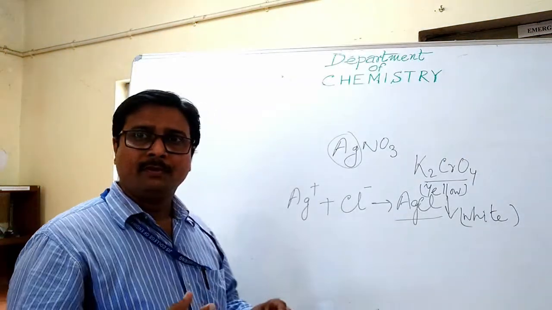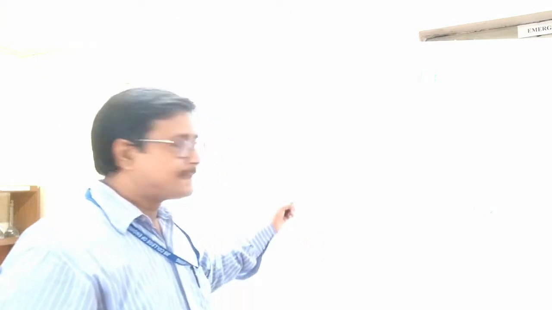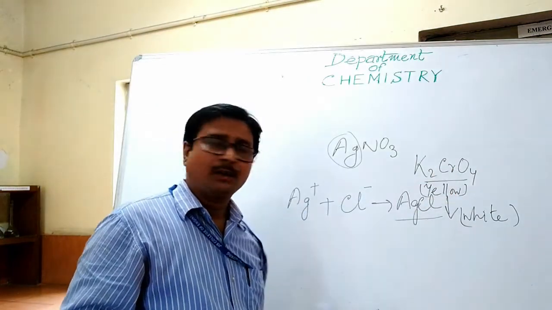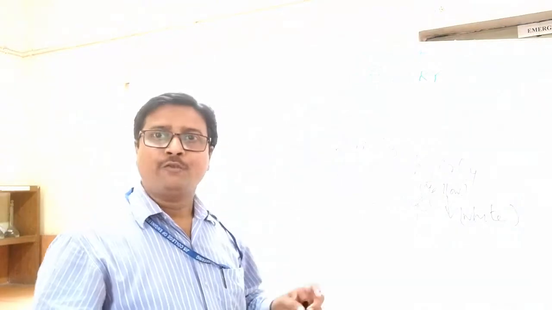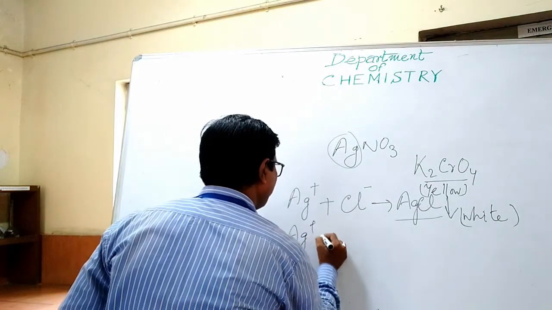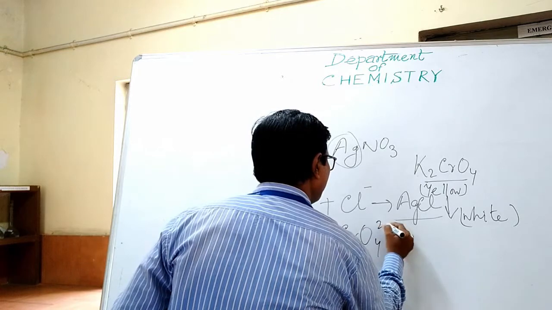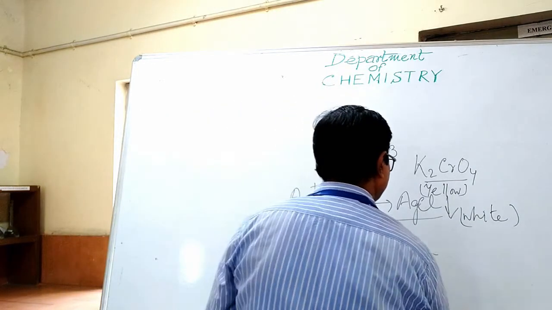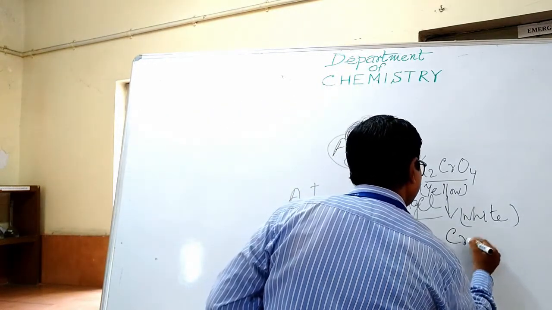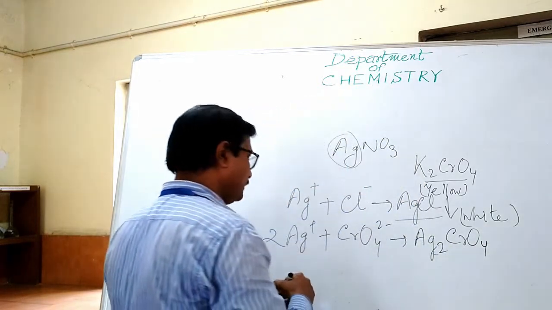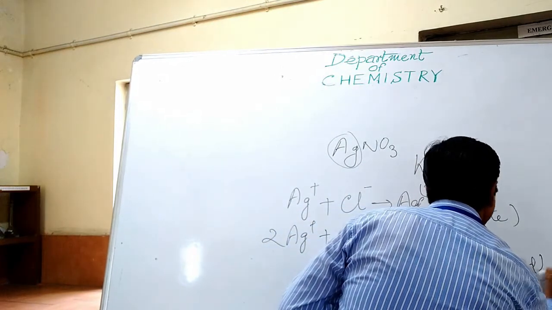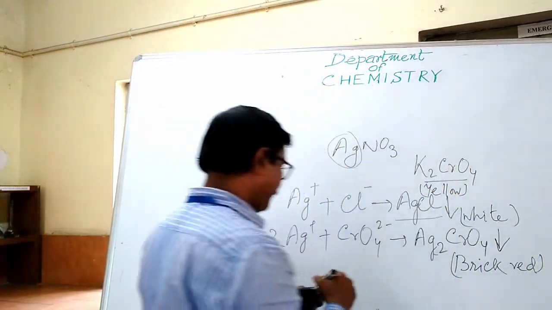Then the excess drop of silver nitrate coming from the burette binds with the chromate, CrO4 2- ion, and forms silver chromate, Ag2CrO4, that is brick red color precipitate.